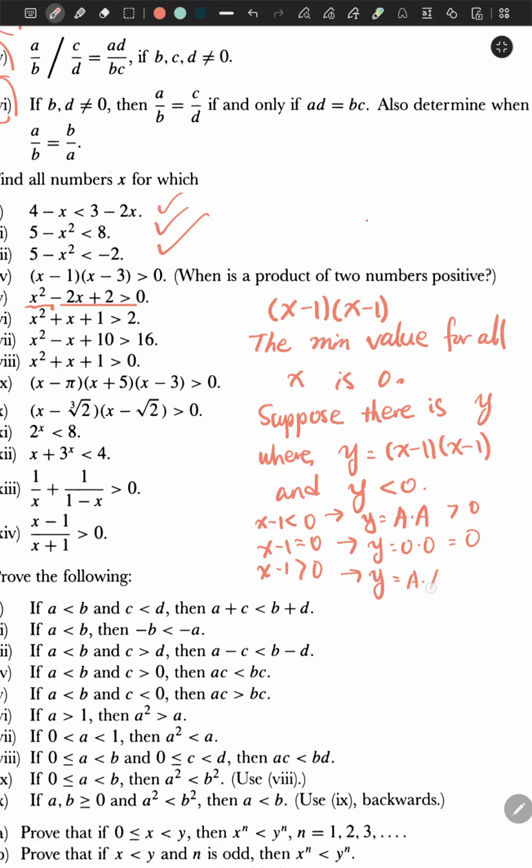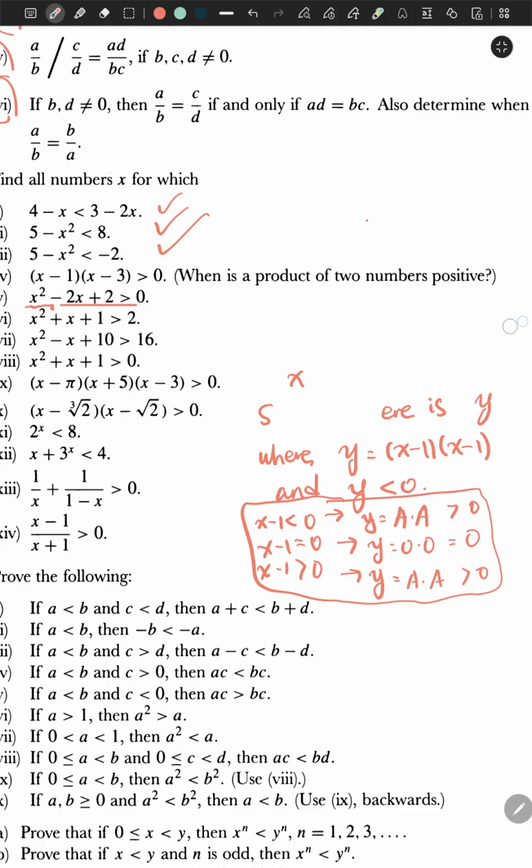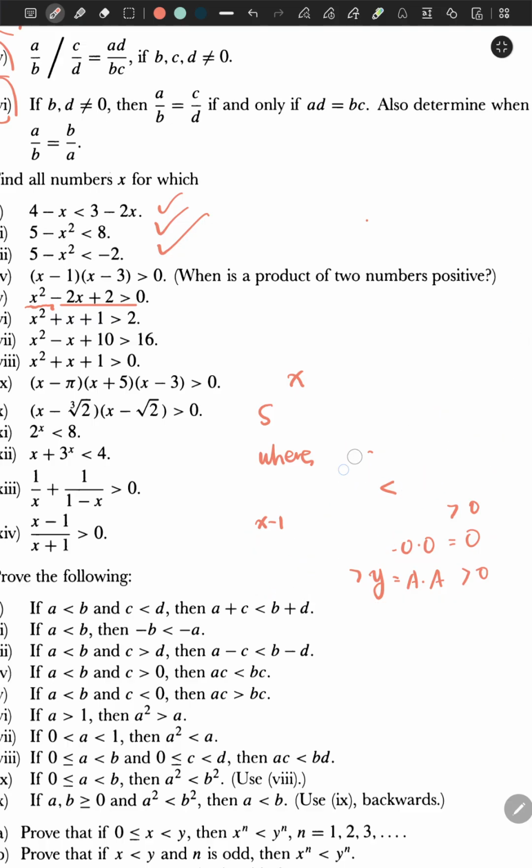Plus times plus is also plus, so it's greater than 0. So in no case is y in fact less than 0. So this is a contradiction. So the minimum value for all x is 0, because we know a case where it can be 0, which is when x is equal to 1. That is the lowest value you can get.